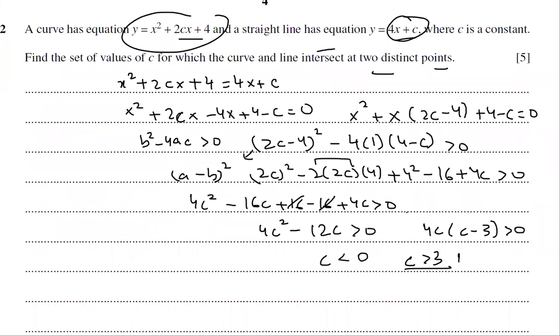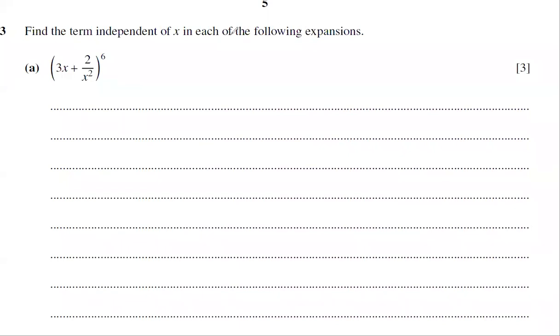Okay, then next question. Independent of x, so means x is eliminated. Let's see. So for the first term, it would be x, then in the next term, it would be x power minus 1. Right, so we would be finding the value and we would come to know that if we would do 6c2, why 2?